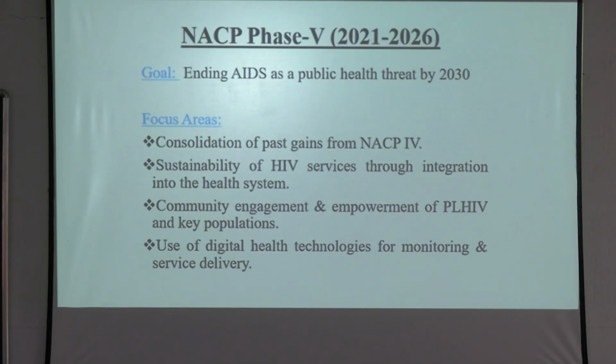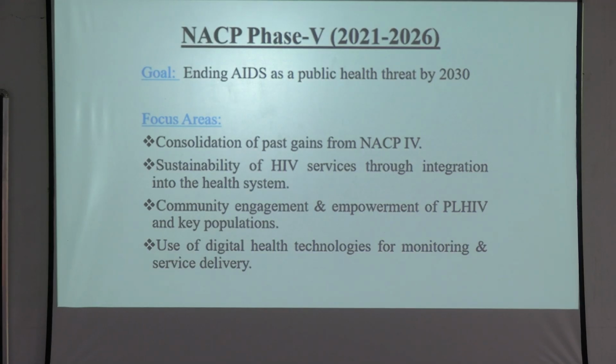Now coming to NACP V. What is the goal? What is our first goal? Ending AIDS as a public threat by 2030. And then we have some specific goals which are detailed. But where is it focused, and what is the difference between NACP 4 and 5? These last 2 points: first is community engagement, which is enhanced in NACP 5, and the use of digital health technologies.